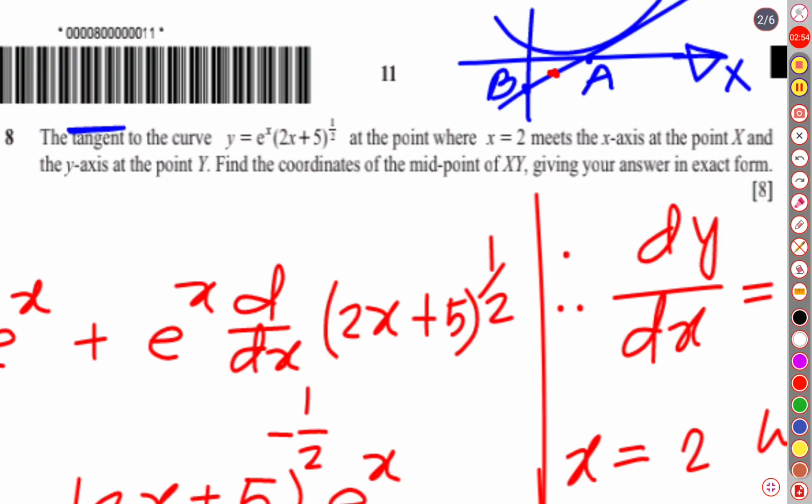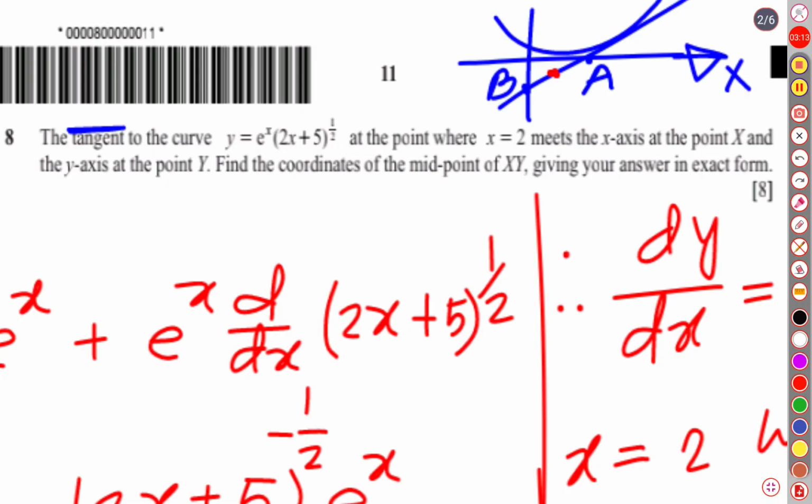So how to solve it mathematically? First of all, we will opt for the derivative, because whenever a tangent is mentioned, a tangent is a straight line. This AB is a straight line. For forming an equation of a straight line, we require the gradient.